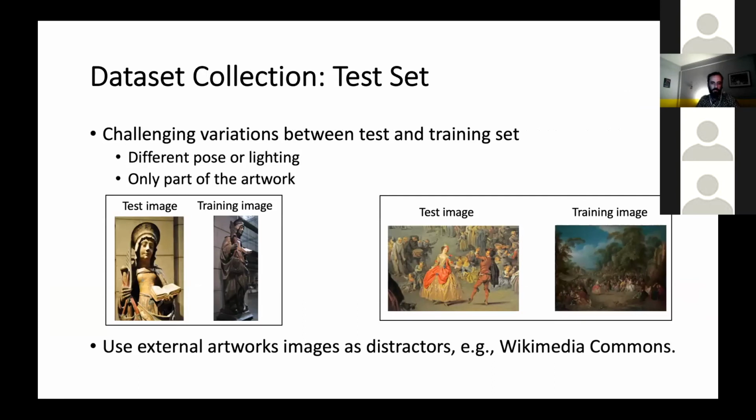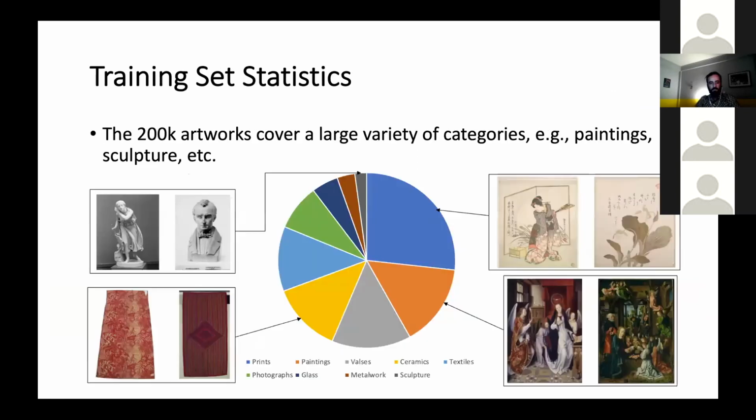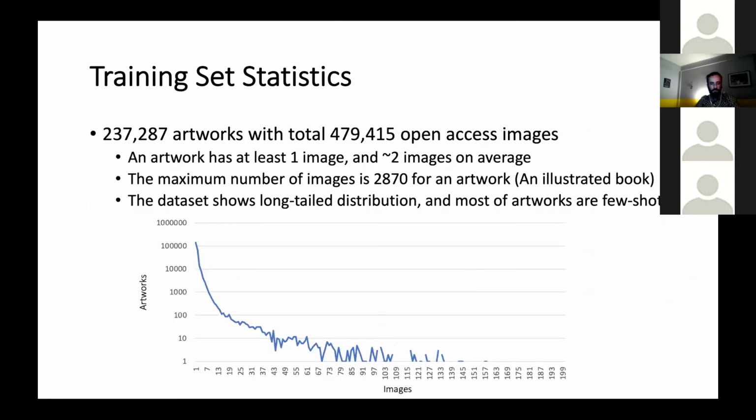I think the main challenge consists of two parts. First, the training set is long tail, and most of the artworks are few shot. So maybe a traditional softmax would not work for our data set, because there are so many classes, and each class has very few samples. This is the first challenge.